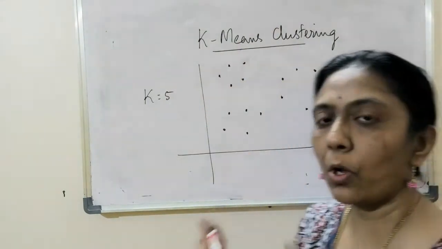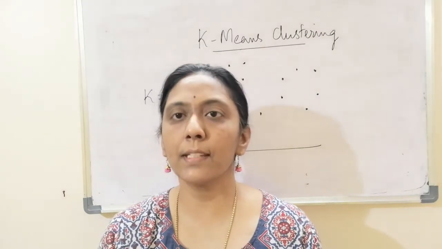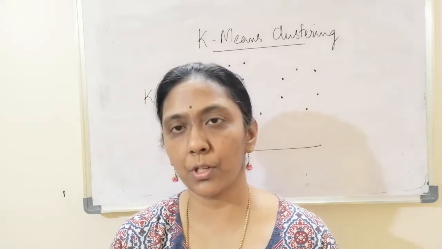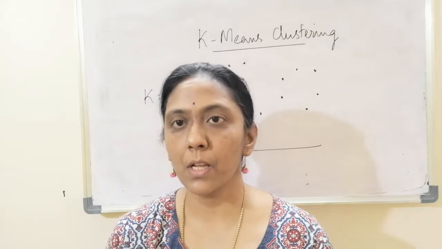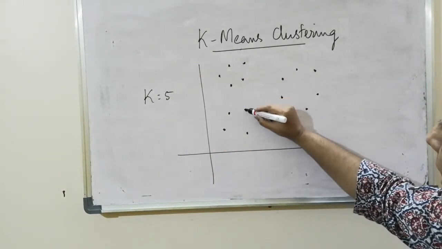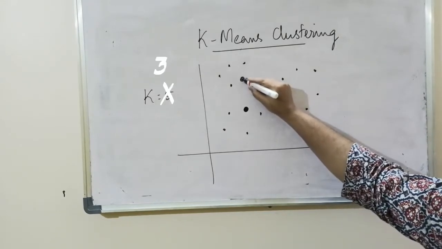The first step involved in this algorithm is to select seeds. Seeds are any random input that can be selected out of the population. Now I'm going to select seeds here. Say for example, this is a seed here.